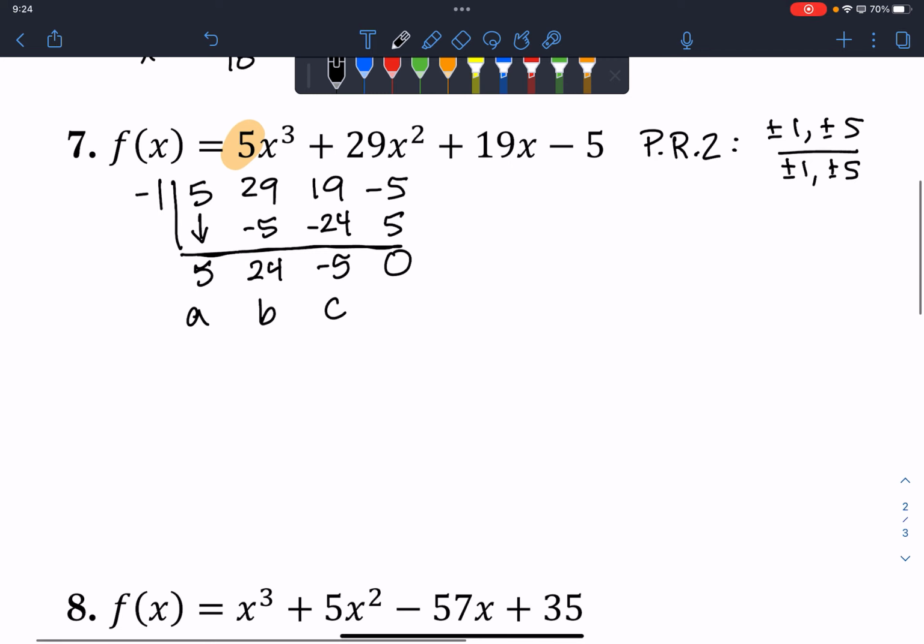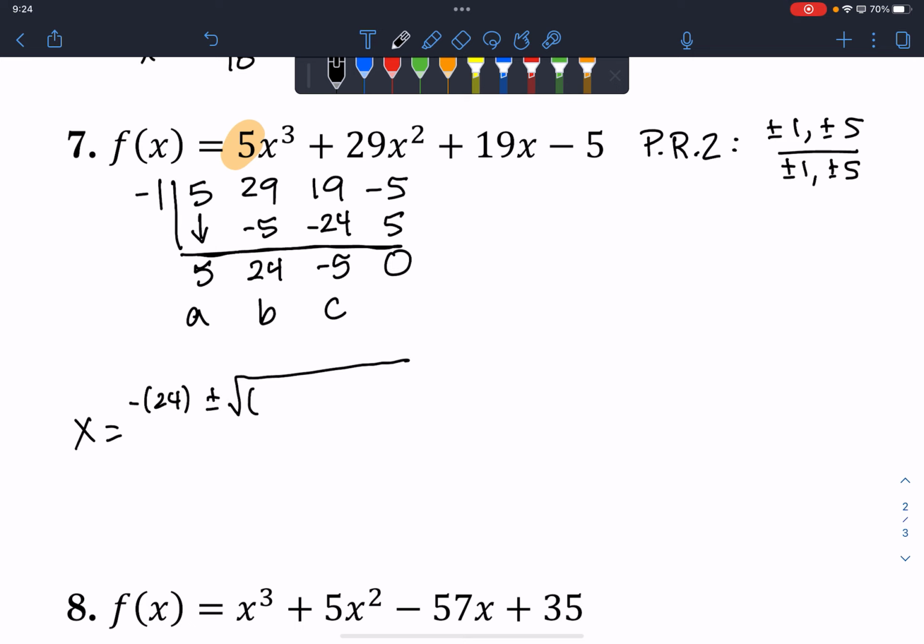Again, instead of using factorization, I'm going to jump straight into the quadratic formula. So we have negative of 24 plus or minus the square root of 24 squared minus 4 times the value of a times the value of c, all divided by 2 times the value of a.